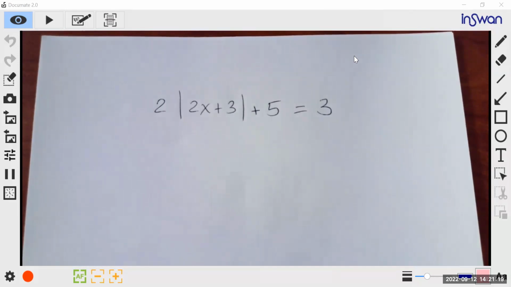I'm going to work this one out. 2 times absolute value of 2x plus 3 plus 5 equals 3.